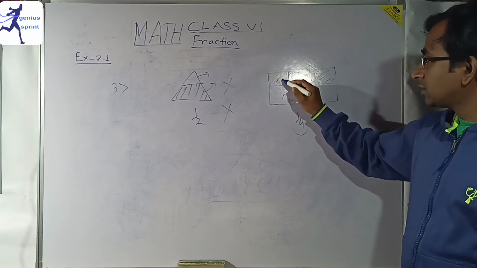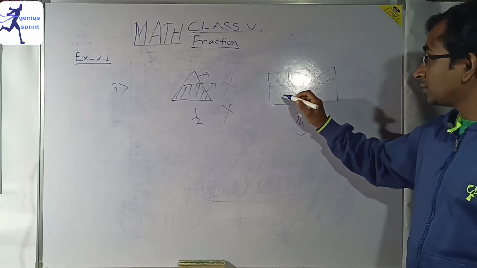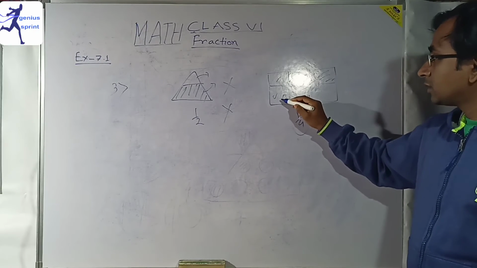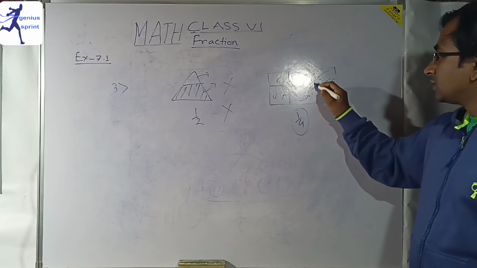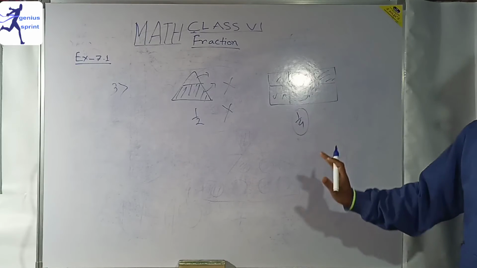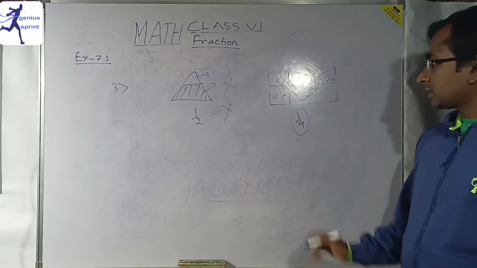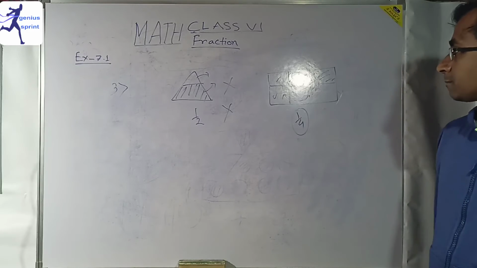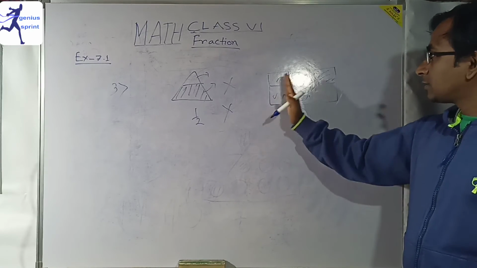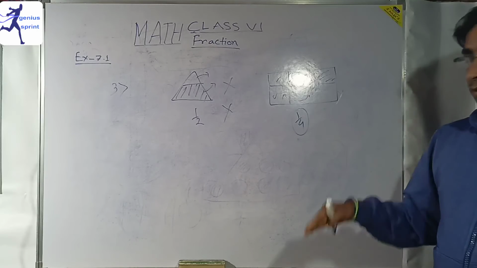Yes, these are just a very small part according to this figure, and this compared to that is more in size. So all these parts are not similar. So for that reason, it is also not a fraction. Only one reason: all the parts of that figure should be equal, which is not the case.